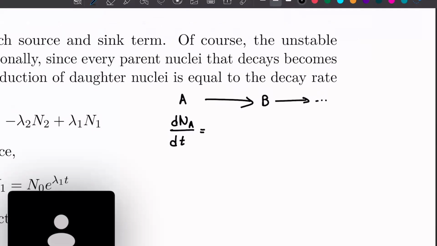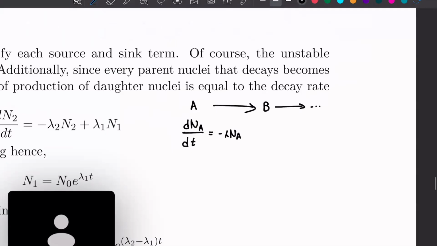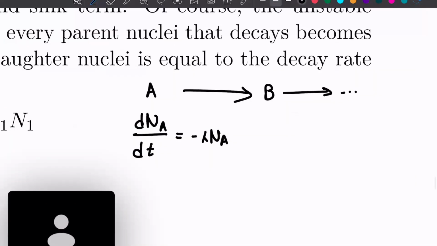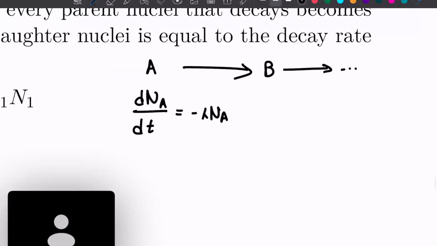This one is pretty simple, because it only decays. There's no source, there's no other production, it just decays. This one, we already know, we just derived it.